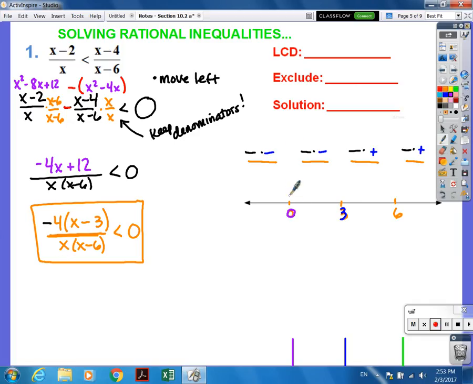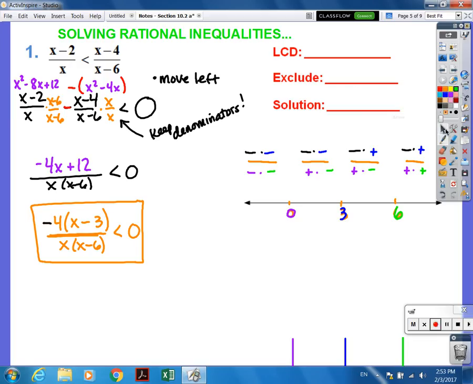So when I look to the left of 0, I'm going to put a negative sign. To the right of 0, I'm going to put plus signs. And then I focus on the 6. The 6 came from x minus 6 on the bottom right. So when I look to the left of 6, I'll put negative signs. To the right of 6, positive signs.